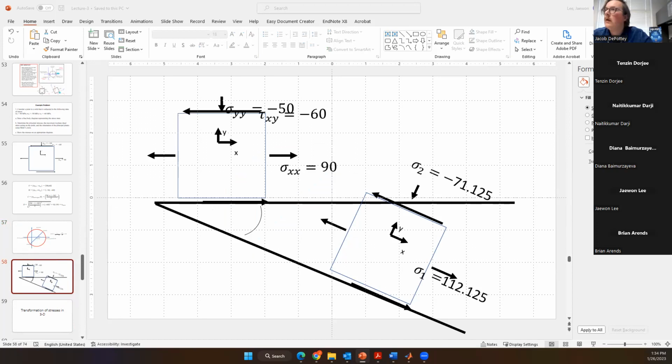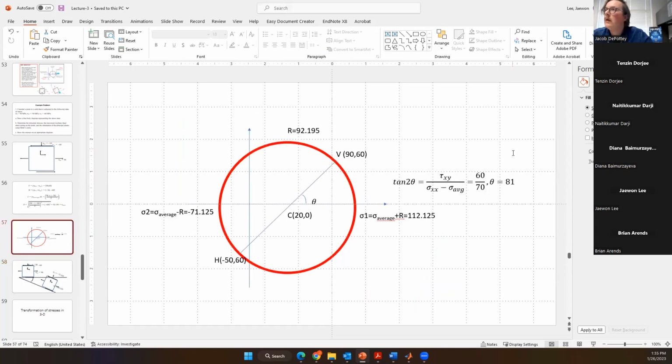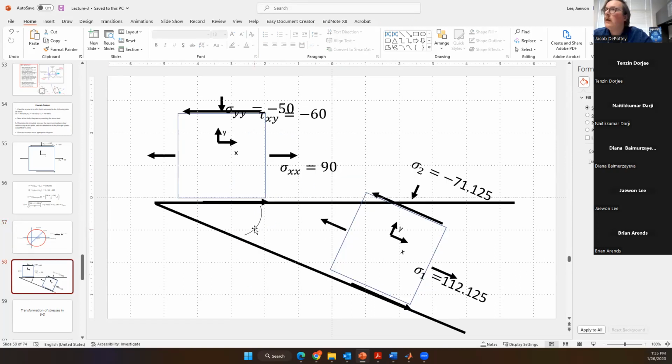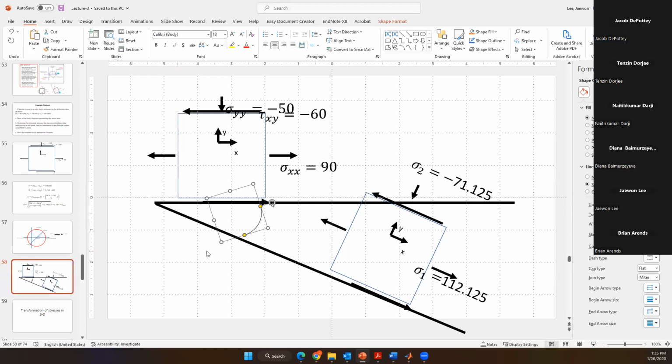I actually got 20.3. I accidentally multiplied by 2 instead of divided by 2.